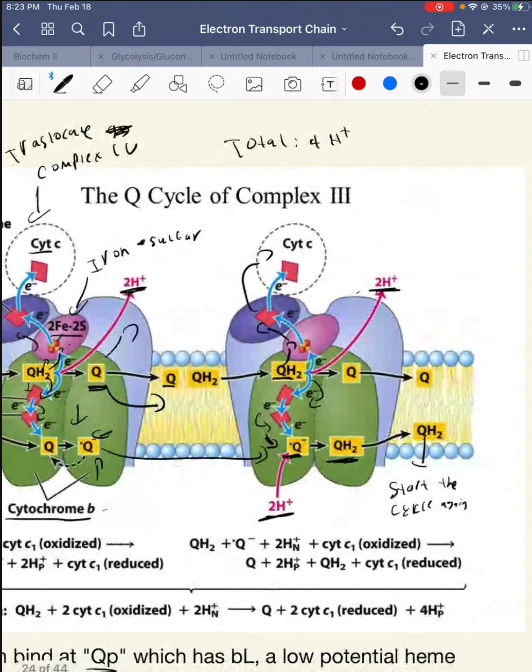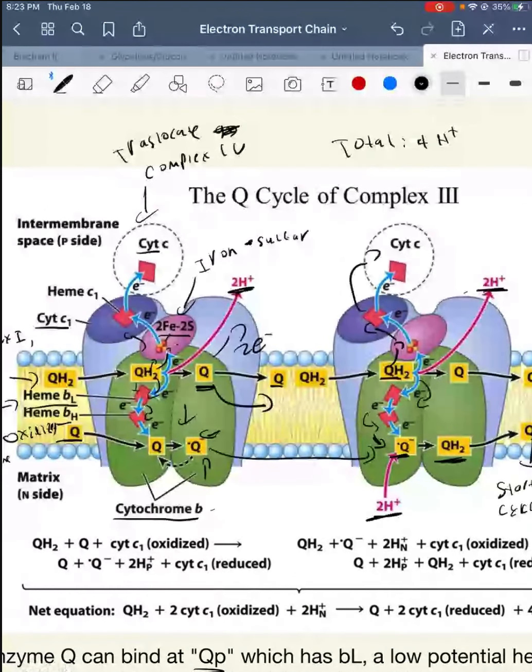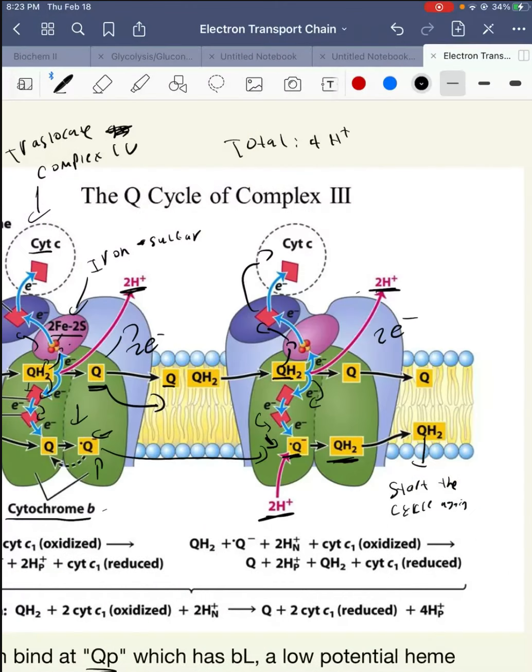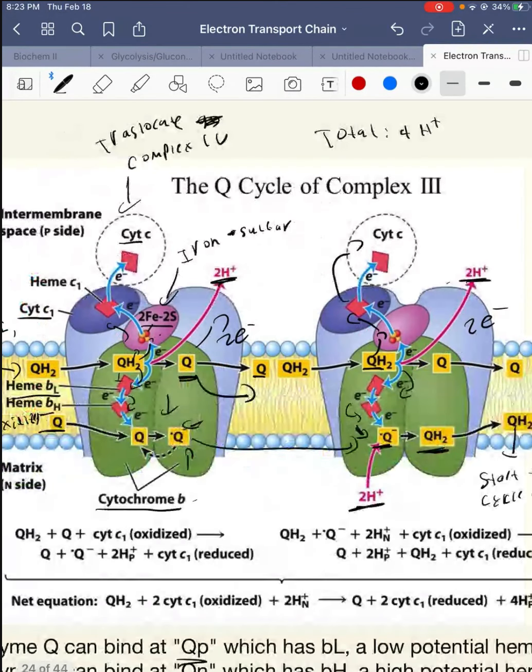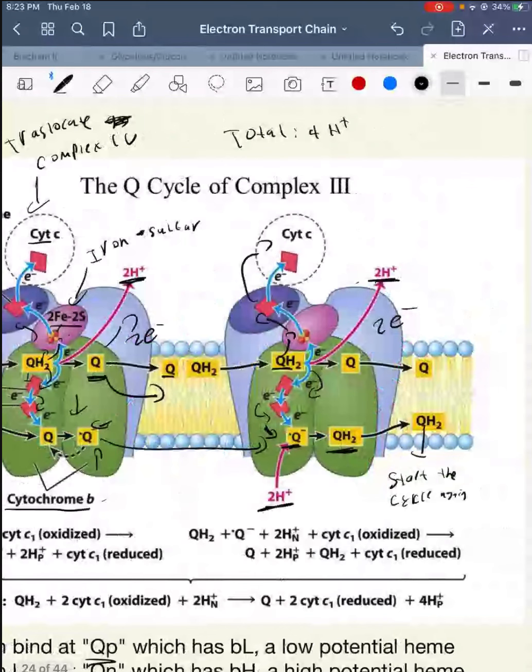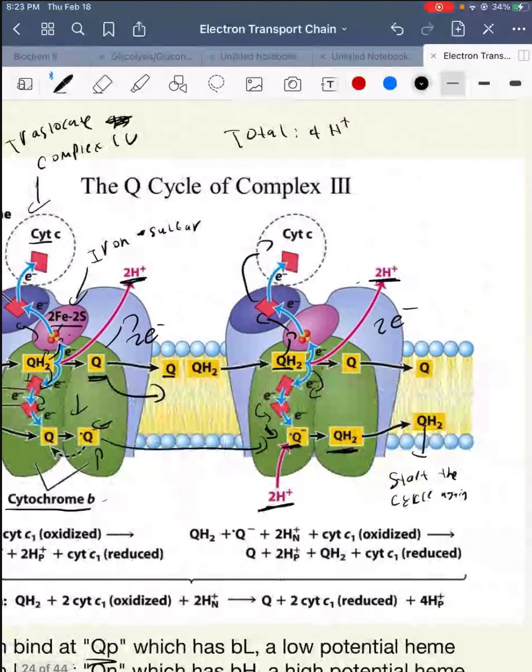Because you'll see that we used 4 electrons. We used 2 here, and then 2 here, right? So one goes to cytochrome C, the other goes to the other cytochrome C, and then the remaining 2 go to these semi-quinones, which eventually become 1 reduced coenzyme Q.